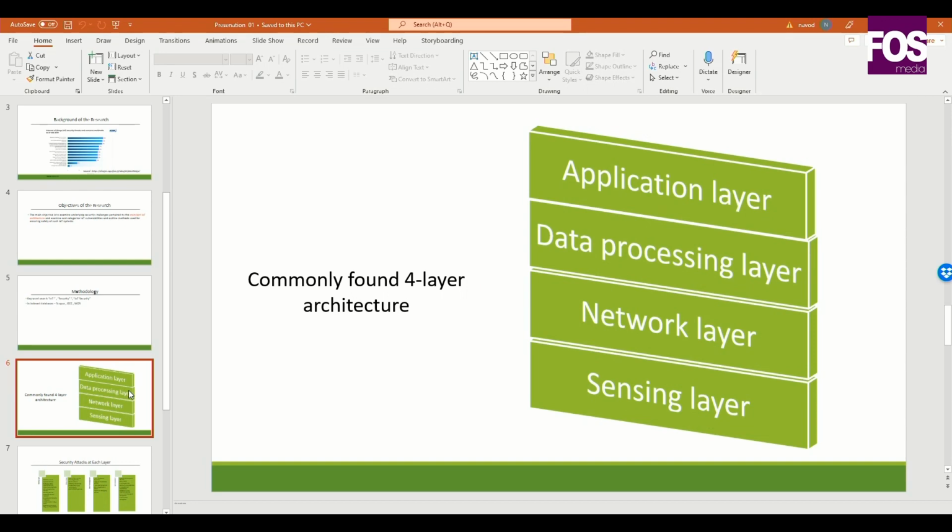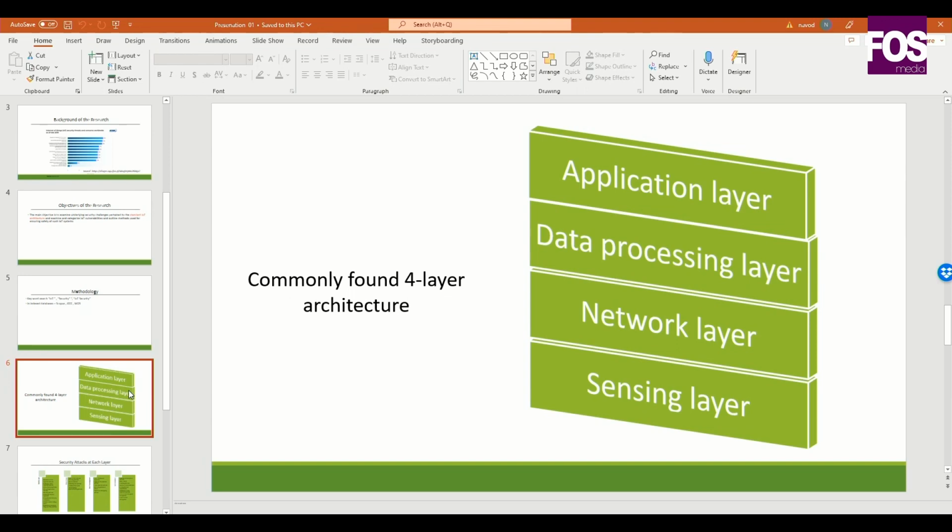While performing this review, we found that some of the authors have mentioned a 3-layer architecture, and most of the authors have mentioned a 4-layer architecture. So the most common architecture is the 4-layer architecture, where the bottom layer is the sensing layer, then we have the network layer, the data processing layer, and the application layer.